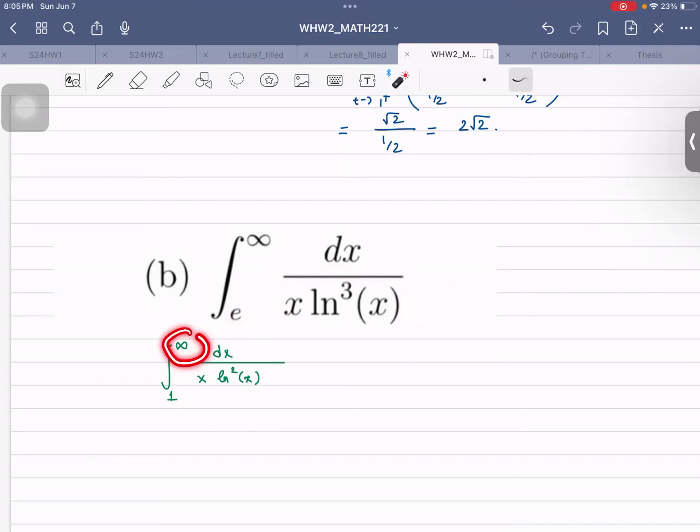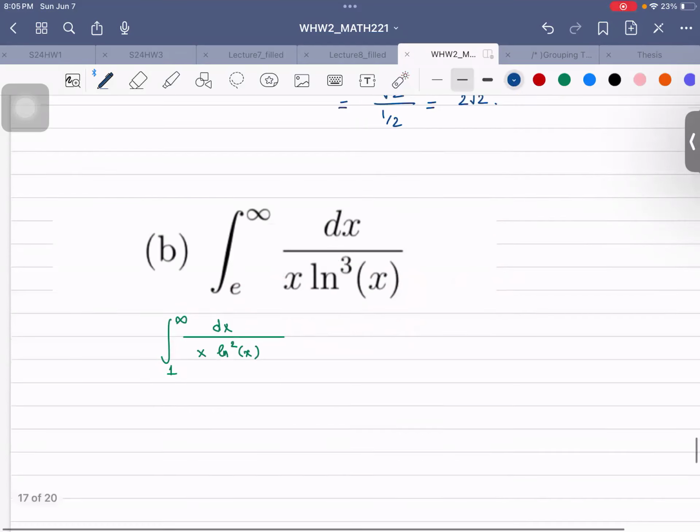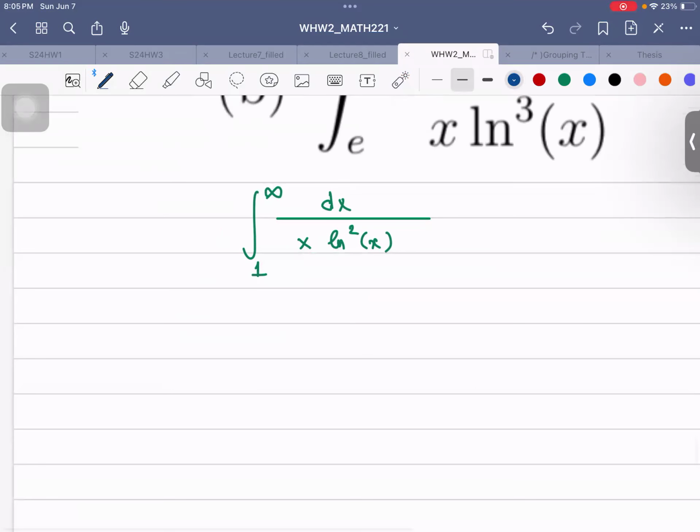So you just need to handle the problem where you have infinity on the upper bound. Therefore, I will replace the upper bound by t, and I will let t tend to infinity, of dx over x ln squared of x.